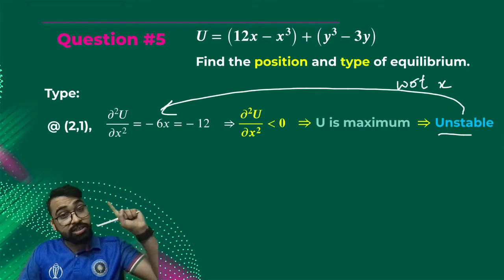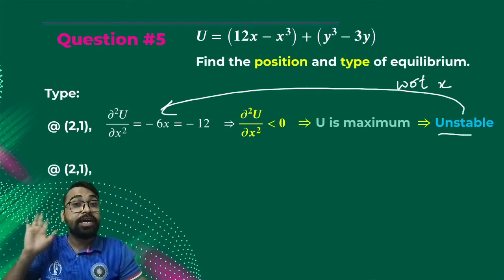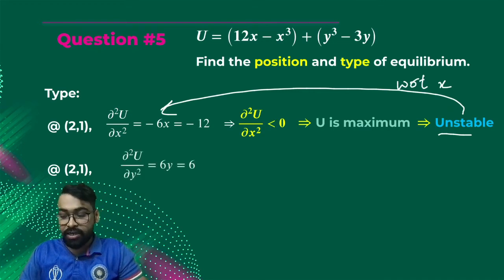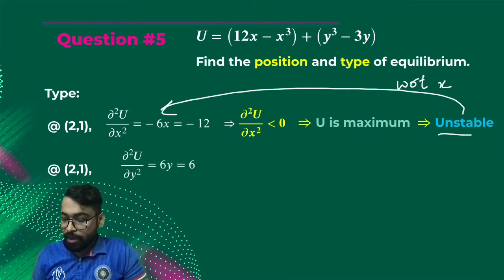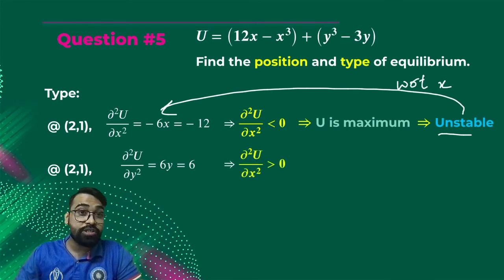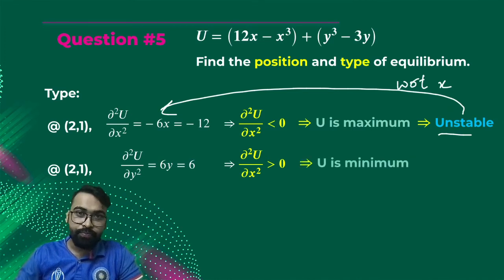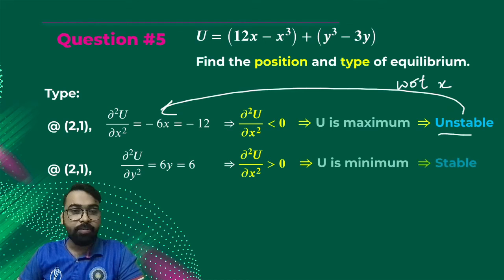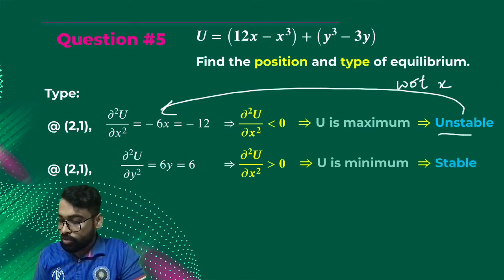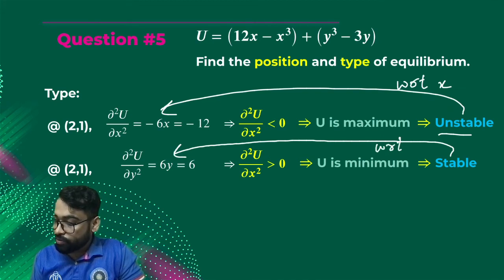Similarly, at the same position 2, 1, I can also do del 2u by del y2. If I do that, I get 6y. I put the value of y as 1. I get del 2u by del y2 to be 6. This is a positive value, greater than 0. In this case, I'll say u is minimum, or I can say this is a stable equilibrium. But once again, I need to remember that this has been done with respect to y.